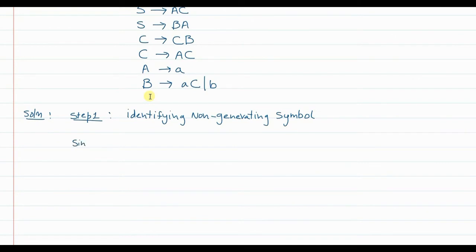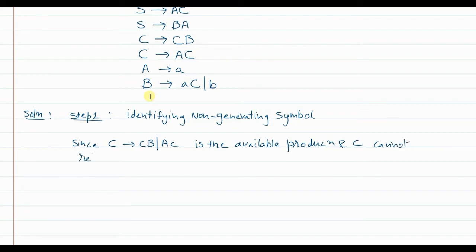That's why C is non-generating. Since C gives CB or C gives AC is the available production, and C cannot replace itself with a terminal string, C is non-generating.